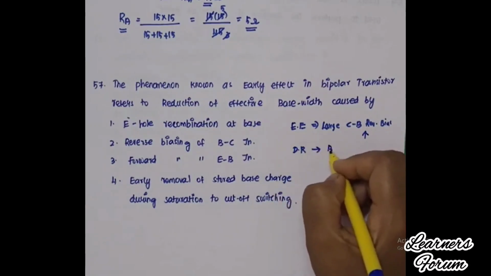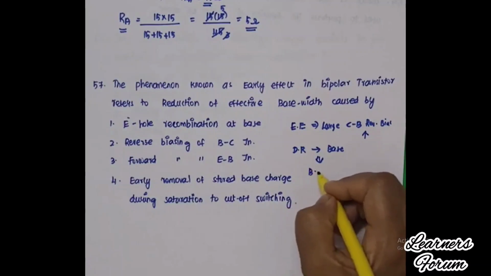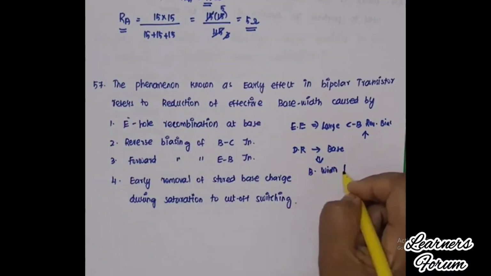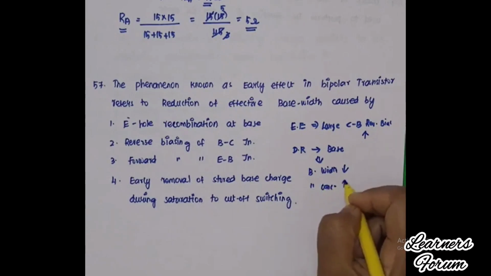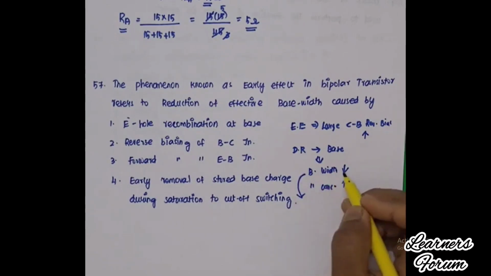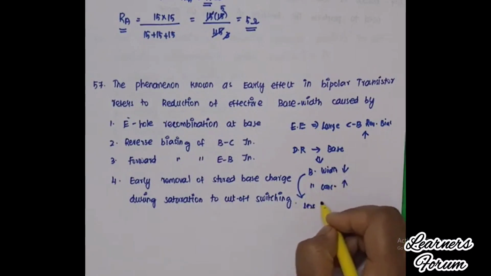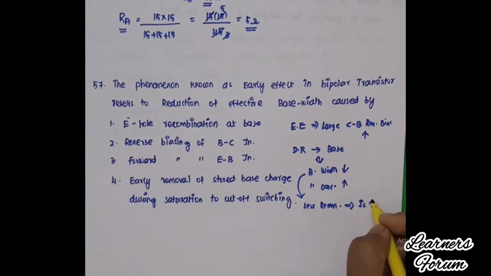Under the depletion region, the base width will be reduced, causing base concentration to get increased. Whenever the base width is getting reduced, it will lead to less recombination of electrons or carriers. So the collector current will get increased, which causes early effect. So this is the concept of early effect.